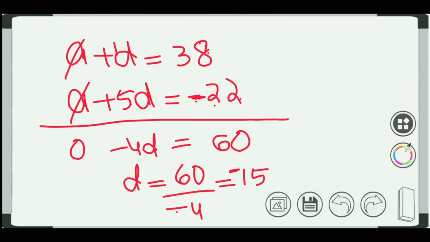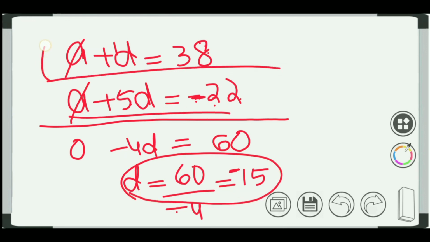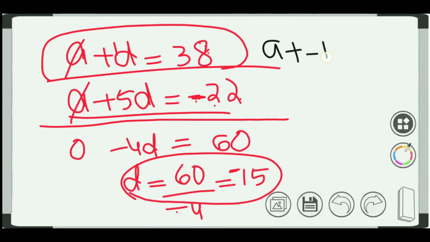Can you find the value of A? So you can substitute this value of D in any equation. So I am substituting in the first equation. A plus D, we got minus 15, equal to 38. So this minus 15 will go this side and become positive 15.